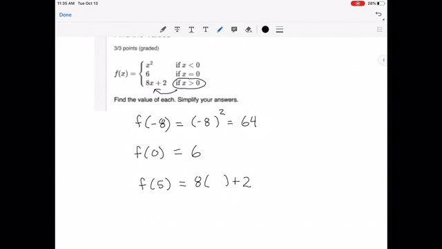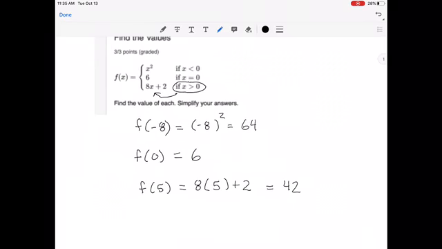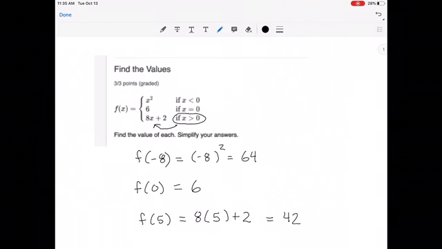And sometimes they say the word evaluate. Find out what this would be equal to. And so we're plugging in our 5 times 8 plus 2, which gives us 40 plus 2, which is 42. And that's the value of the function when x is a 5.